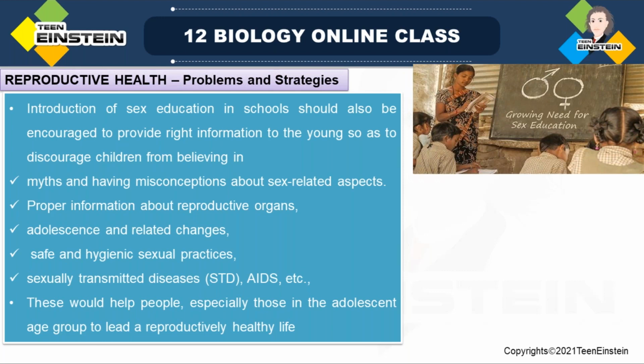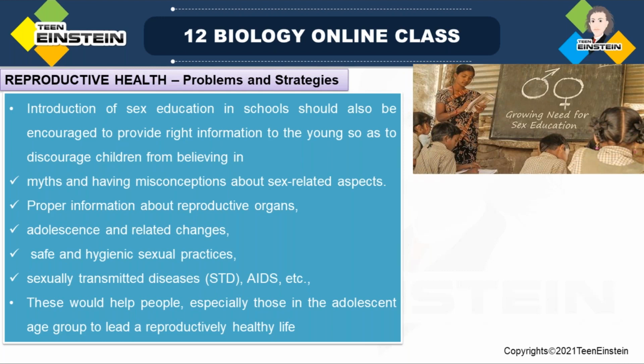So we should give proper information about the reproductive organs. We should give the best class about the reproductive organs, both for boys and girls. Then adolescence, the puberty or the maturity-attaining period.